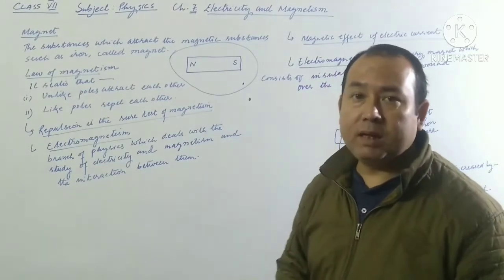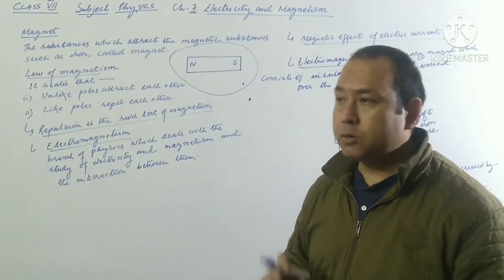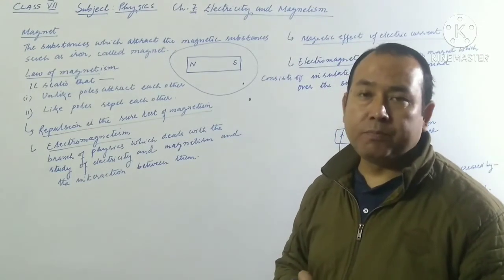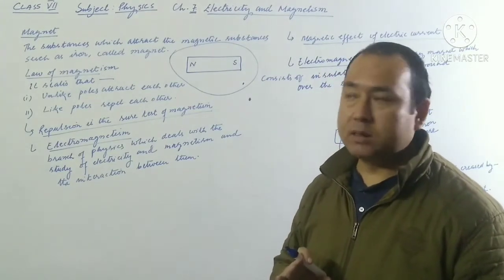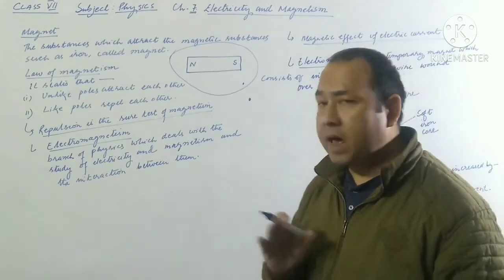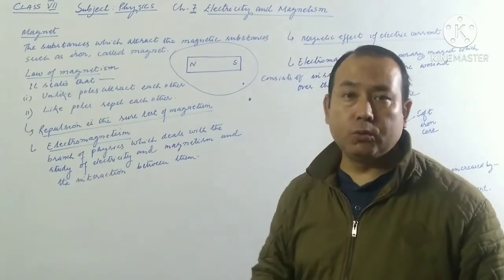So we discussed magnet and magnetic field. Now we'll discuss the law of magnetism. The law of magnetism states that unlike poles of magnets attract each other, and like poles of magnets repel each other.